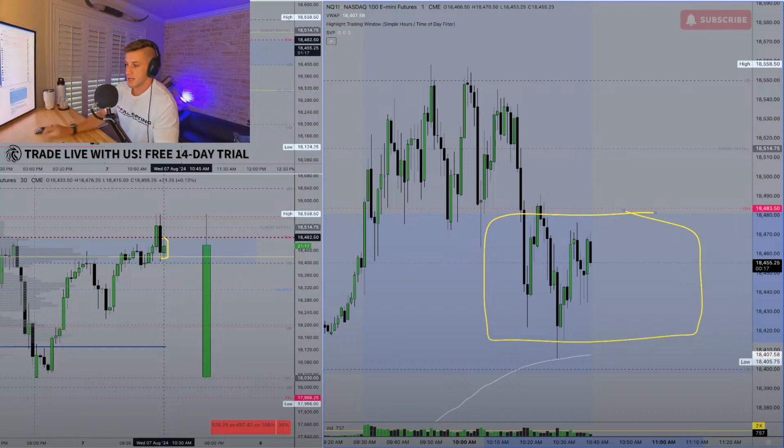We are still looking at what VIX is printing right now. VIX is still a 23 handle. Still high.